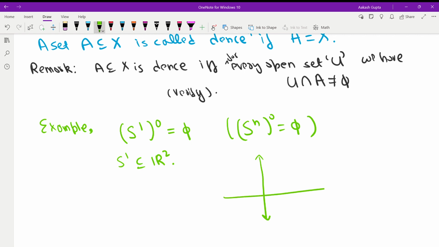Let me just give you an idea. This is your S1, the circle through (1, 1) and (-1, -1).